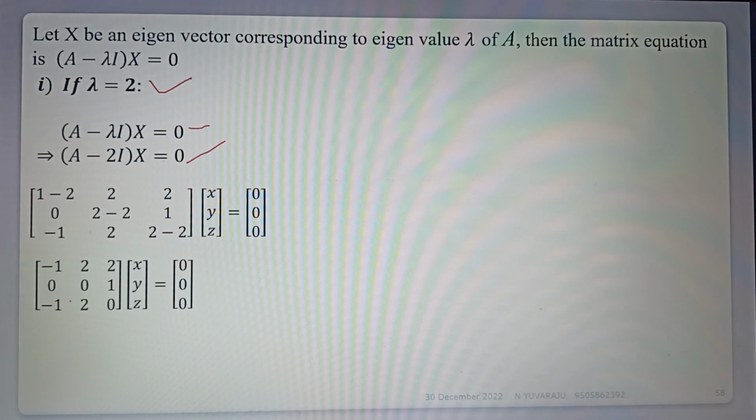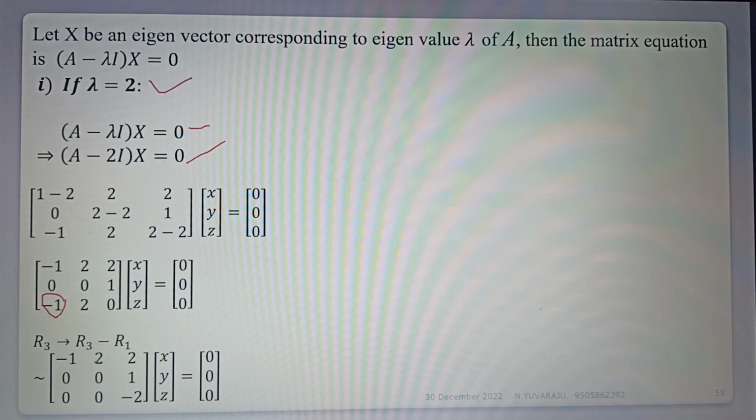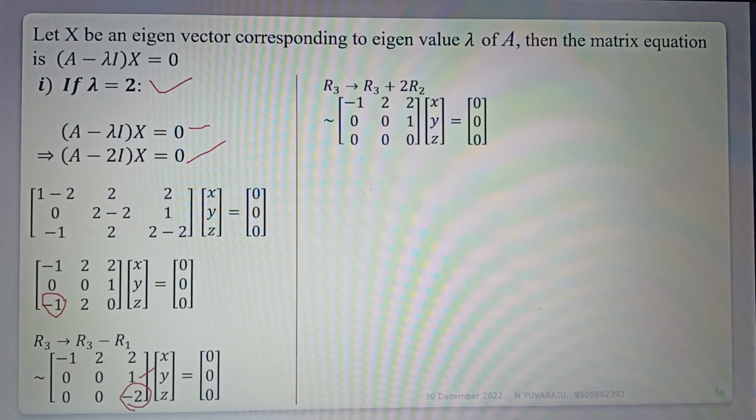Next, convert to row echelon form. So this element will be 0: R3 minus R1. So minus 1, 2, 2, 0, 0, 1, 0, 0, minus 2. Next, this element will be 0 using R2: R3 minus 2 R2. That is equal to minus 1, 2, 2, 0, 0, 1, 0, 0, 0.